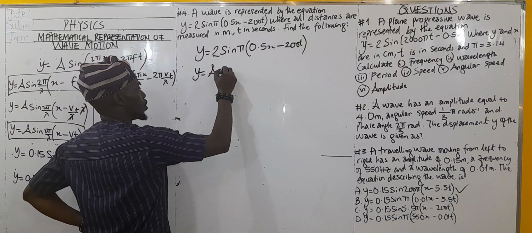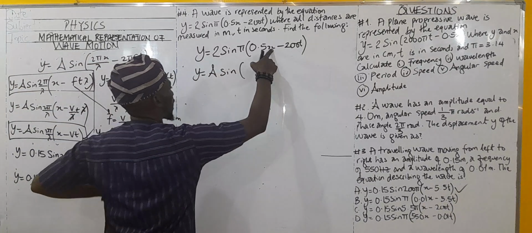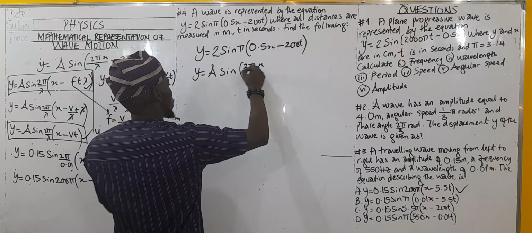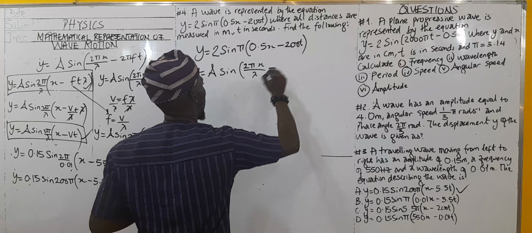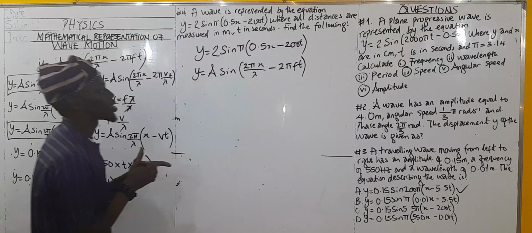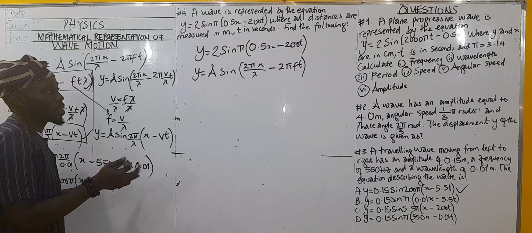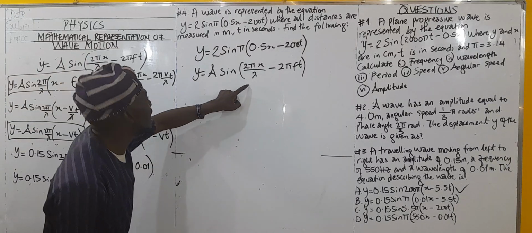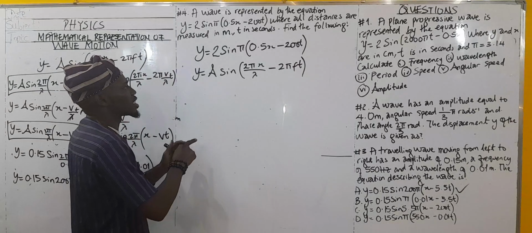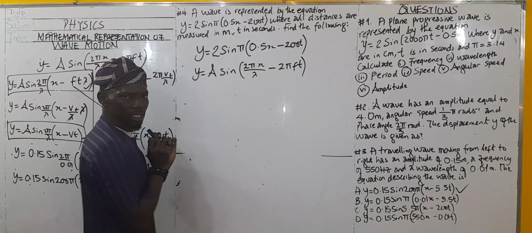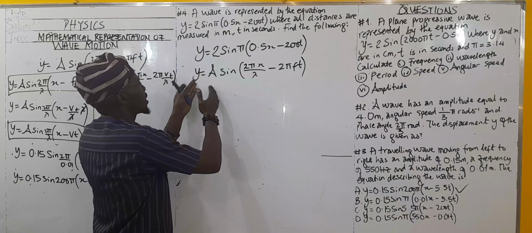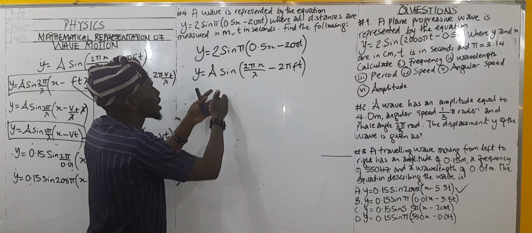The one I prefer, sine, I'm seeing x here, so I'm going to start with the phase angle: 2 pi x over lambda minus 2 pi f t. This is my choice. Might not be your choice. But if I look at what is given to us, I'm going to discover that pi is outside. Just pi. So I can't start saying y to y, A to 2, sine to sine.